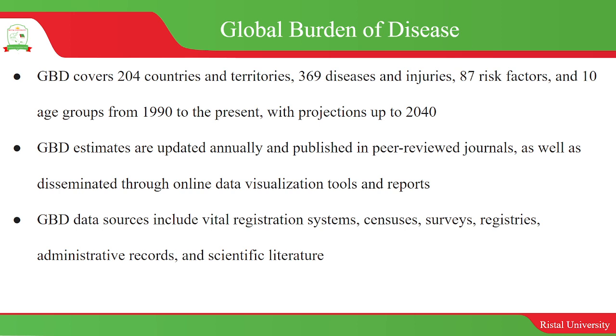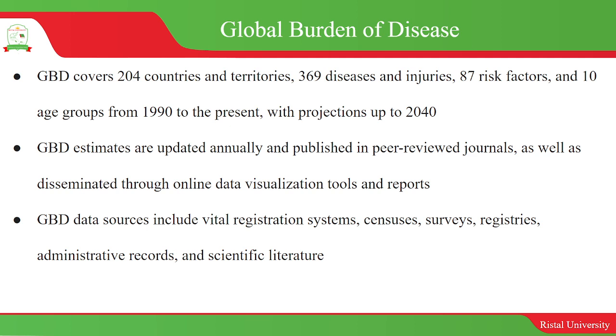These are things which were not initially there in the global burden of disease. So every year, estimates are made and published, such that people can actually understand where the world is going in terms of health outcomes or disease burden.